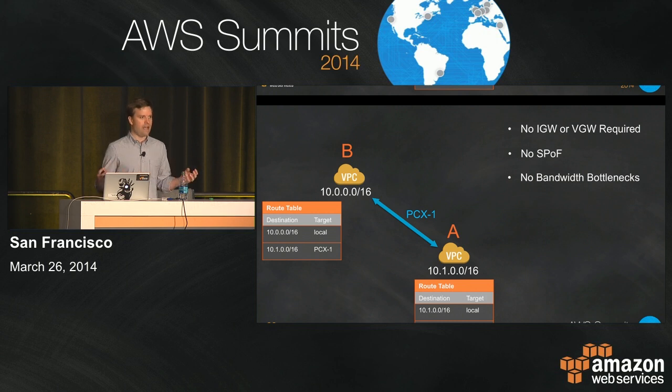This is purely an allowance for these two to now communicate. So you don't have to worry about VPN tunnels going down or anything like that. And by that description, there are also no bandwidth bottlenecks by enabling peering. Instances themselves will still have their bandwidth limitation determined by the instance type that you've chosen.